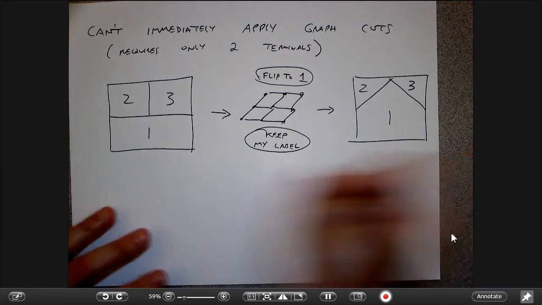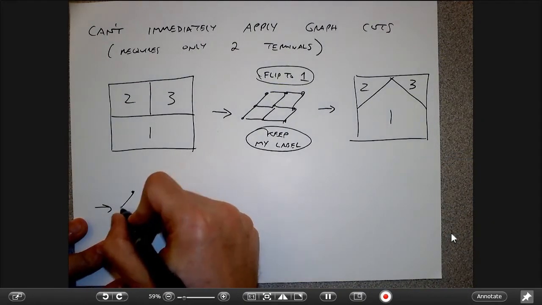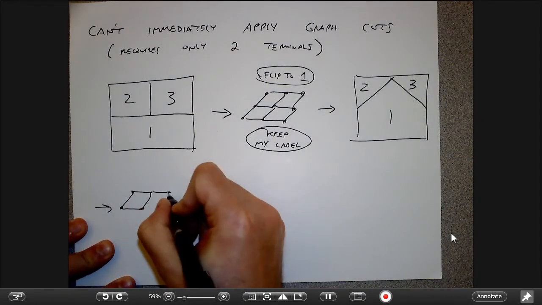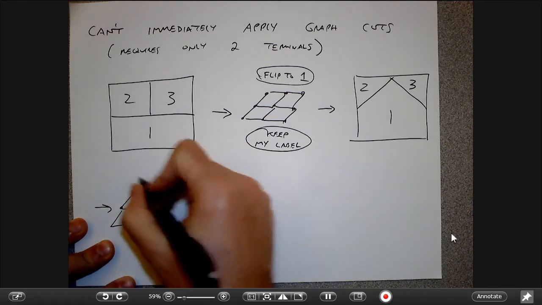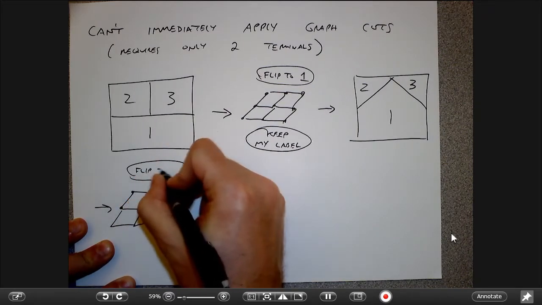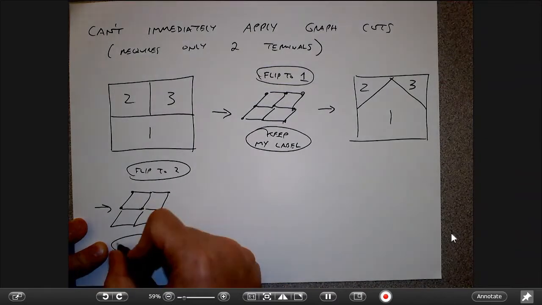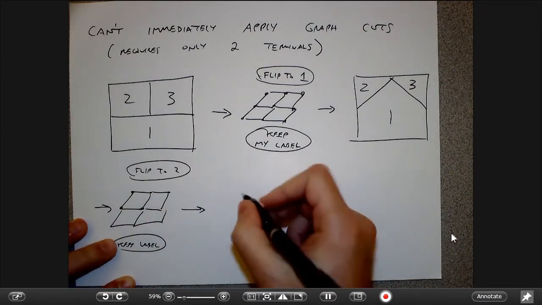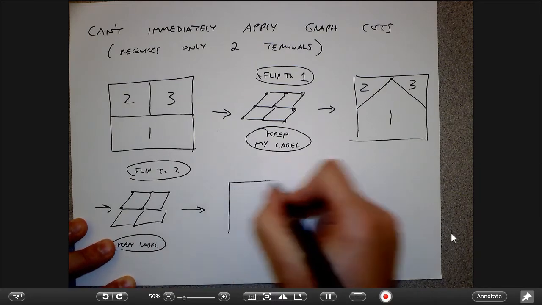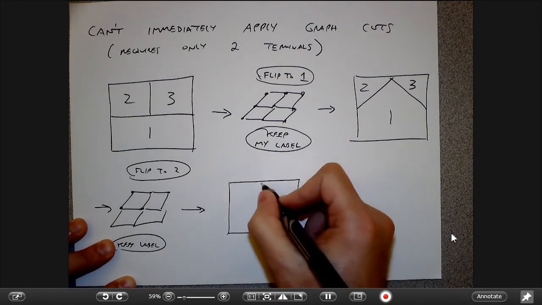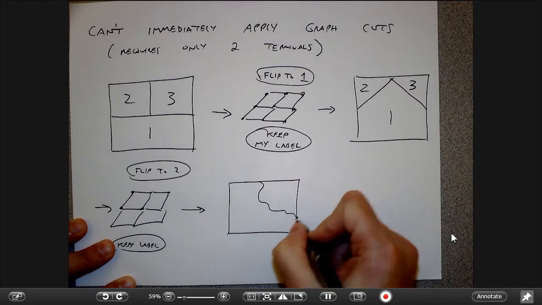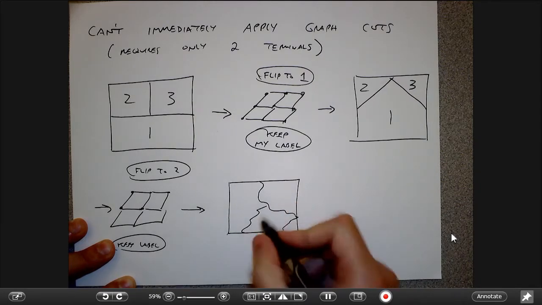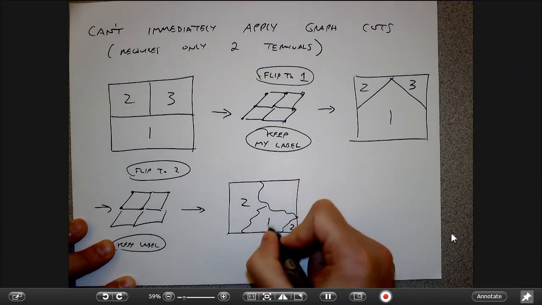And then I solve another problem where I change the flipping label. So now the 2 terminals are flip to 2 and keep my label. And at the end of that process, maybe the image looks like something weird like this, where now 2 has expanded to here and here.